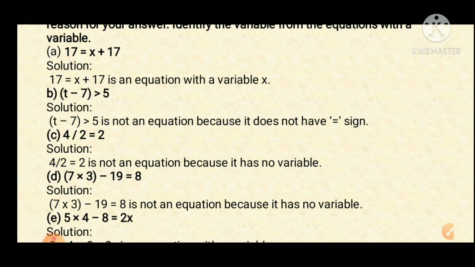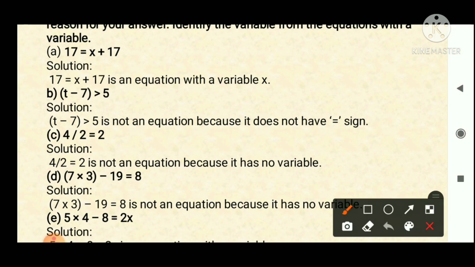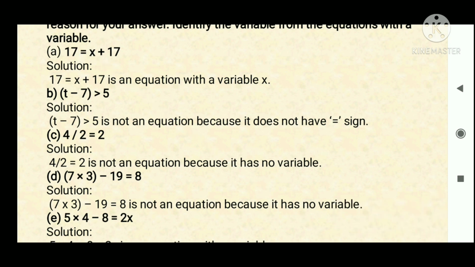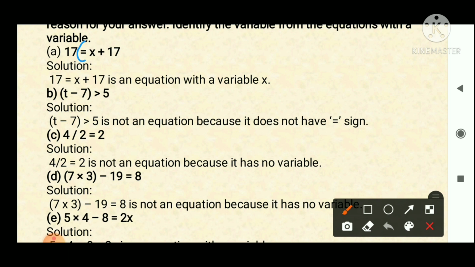17 is equal to x plus 17. See students, in this equation an equal sign is used. So this is an equation.